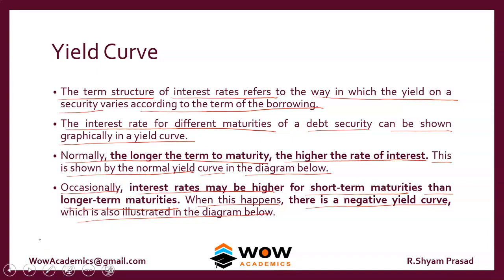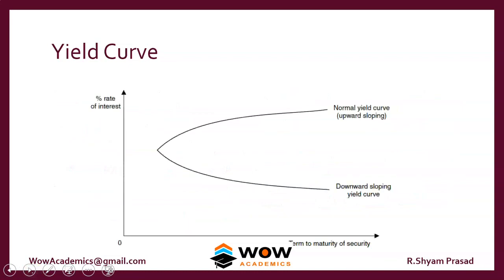So let's look at what a yield curve is. A yield curve is a representation like this. On one axis, you have the term to maturity. For example, you might have a 1 year maturing bond and a 10-year maturing bond. And what is the rate of interest for that 1 year bond in the market? Normally, shorter duration bonds have a lower interest rate and longer duration bonds have a higher interest rate.